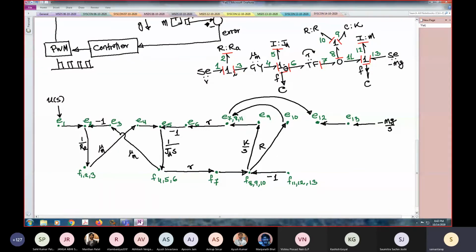However, note that for the source B, we put U of S. But for the source minus mg, we are not putting it as U of S because this is not a control source. It's a source, but it's not a controlled source. Anything that is not a control source doesn't contribute to our transfer function.